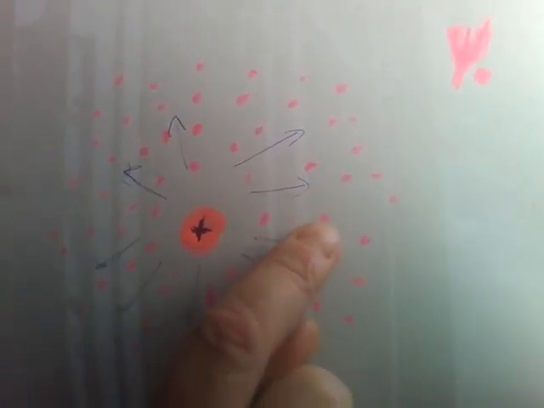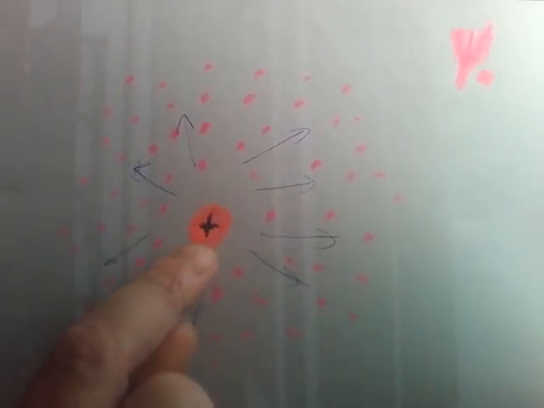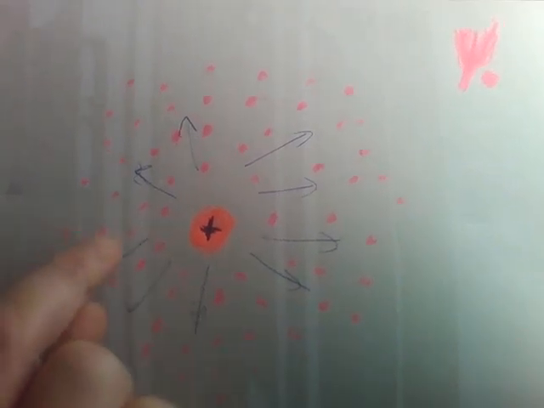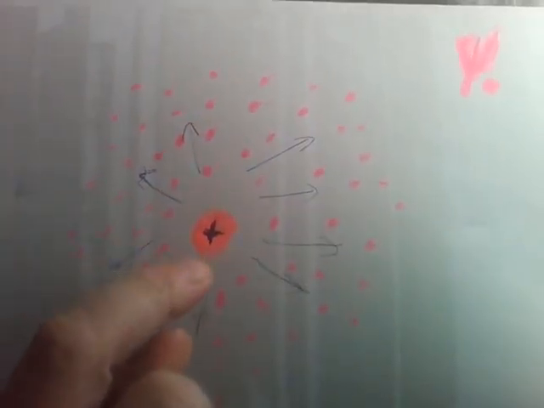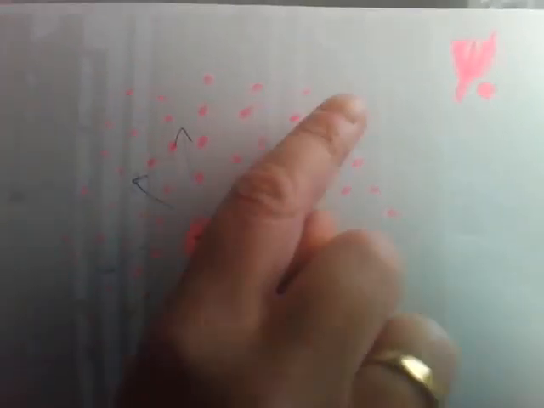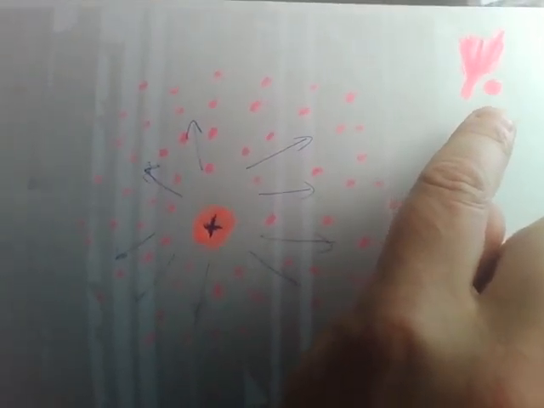Let's start with this. A positive charge, like here, is emitting all kinds of particles in all directions, to the above and to the top. And each of these particles has a wave function.